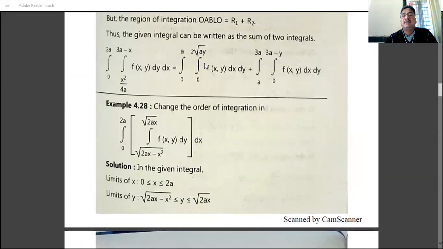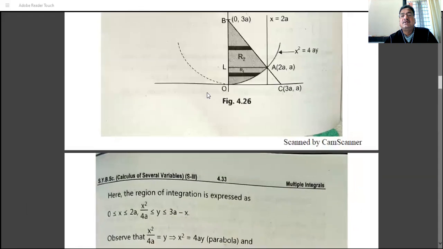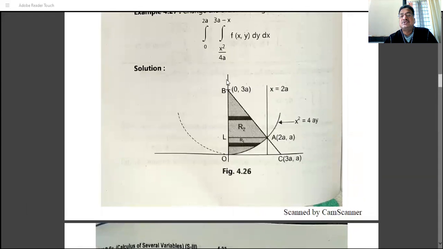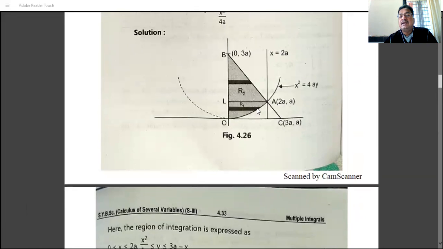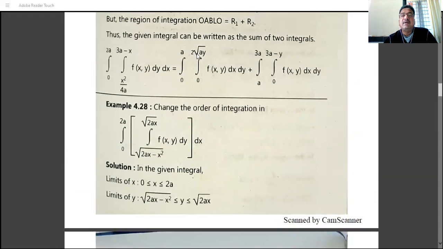We have to find the value of x. One end touches the y-axis, which means x is equal to 0, and the other end touches the curve x square is equal to 4ay, so from this the value of x is 2 root ay. 2 root ay is the upper limit.